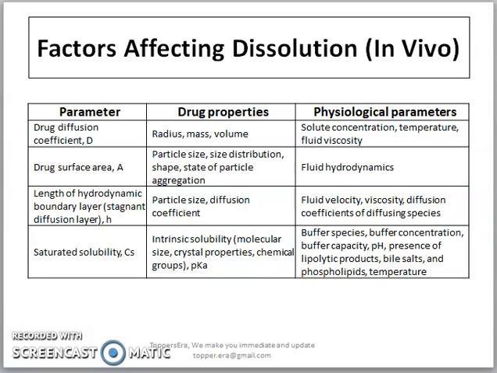The second parameter is drug surface area. It depends on particle size, size distribution, shape and state of particle aggregation of dosage forms. Physiologically, a parameter like fluid hydrodynamics is critical in drug release with respect to drug surface area.